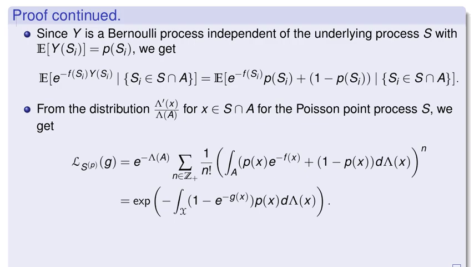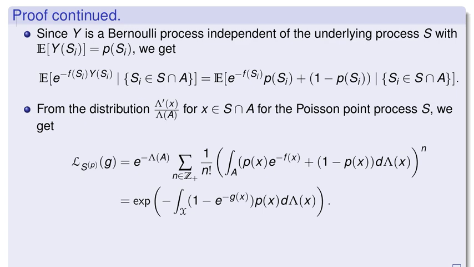From the known distribution of points for a Poisson process S, which is dλ(x) over λ(A) for x in A, given N(A) equals n, we can then write L_{S^p}(g) as e to the power minus λ(A) times the sum over n in ℤ+ of 1 over n factorial times the integral over A of p(x) e to the power minus f(x) plus 1 minus p(x) dλ(x), all raised to the power n.